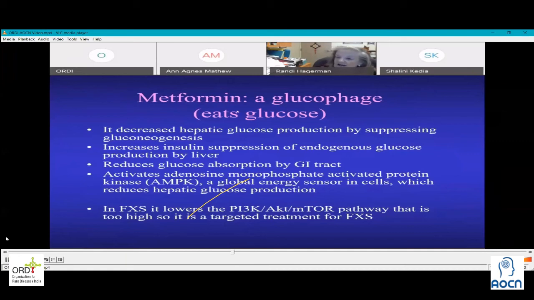And it also increases AMPK, which is a protein that stimulates the mitochondria to work harder. It also lowers the PI3K, AKT, mTOR pathway, which, as I showed you before, was overactive in Fragile X syndrome because the insulin receptor is overactive.